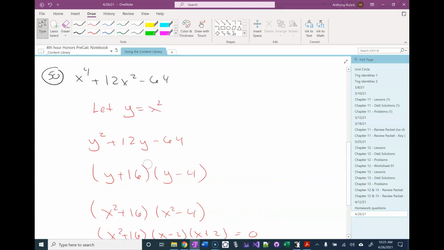Well, the fact that it has 3 terms, and the degree of the leading term is twice the degree of the middle term, tells me that it's in the quadratic form. So I would first look to see if it can factor like a quadratic.